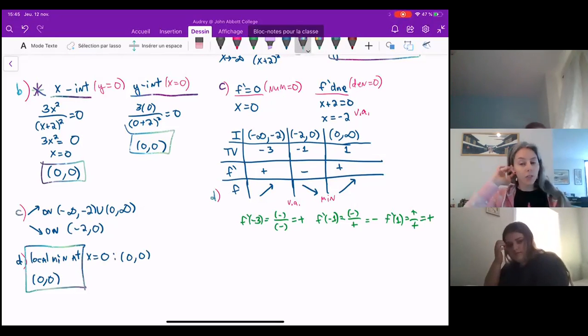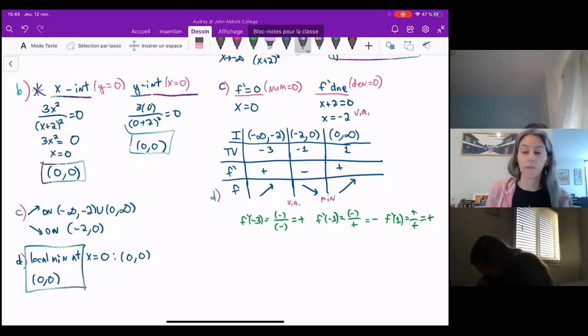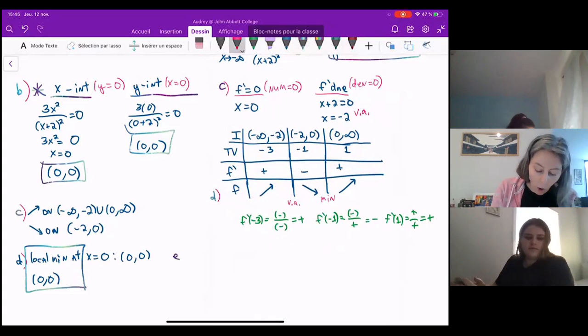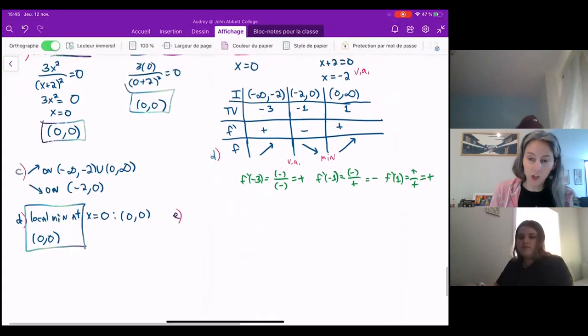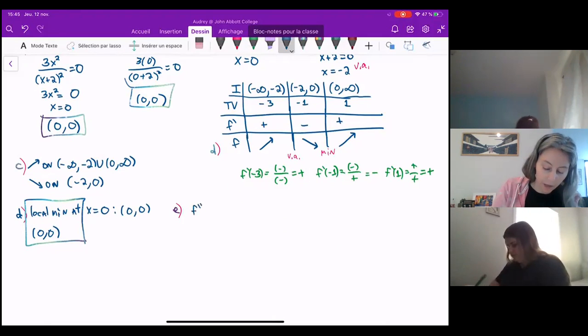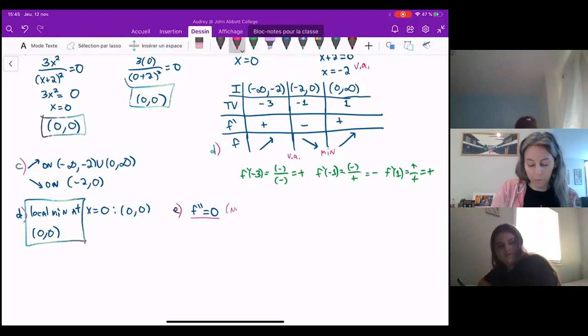Okay, and so I'm just going to finish the next two parts where we do really quickly the second derivative, and then next class we'll put all the stuff together to graph it. So for E, I repeat all of the same steps that I just did, but now I'm doing them with f double prime. So I want to know when f double prime equals 0.